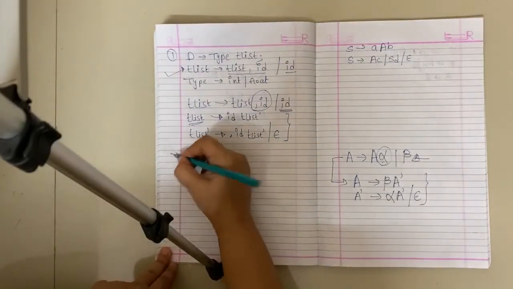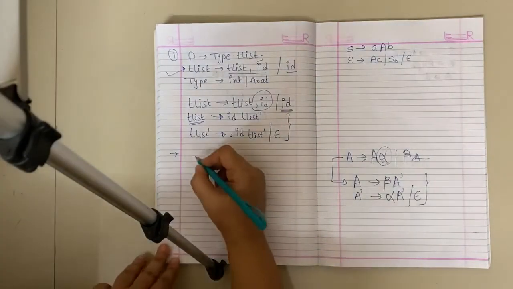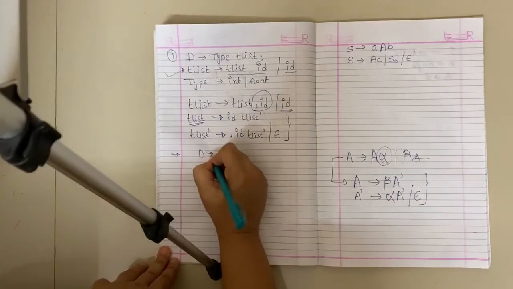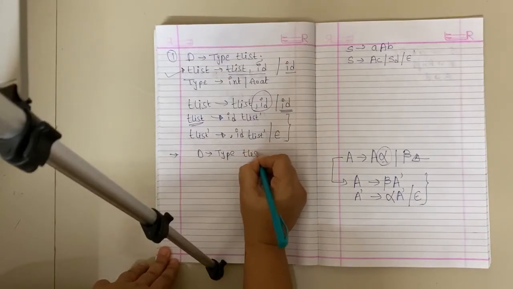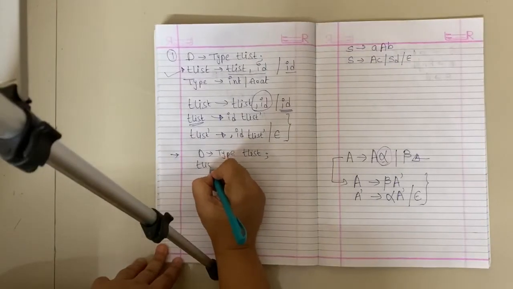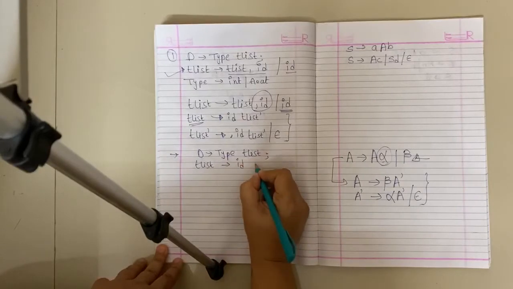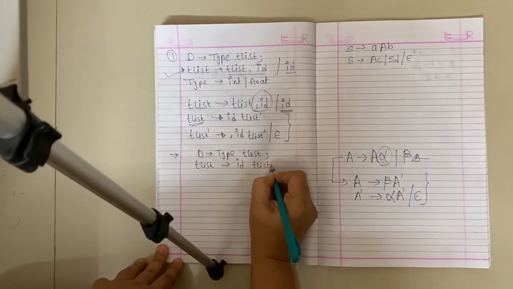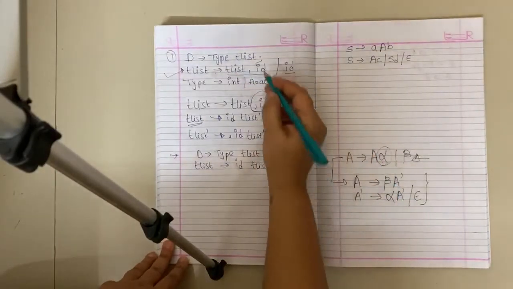So if I have to write down the entire list as non-left recursive rules, then D derives type T list semicolon remains as it is. T list derives this new rule, ID T list dash. Okay, we forgot something over here. No, that is the first rule.